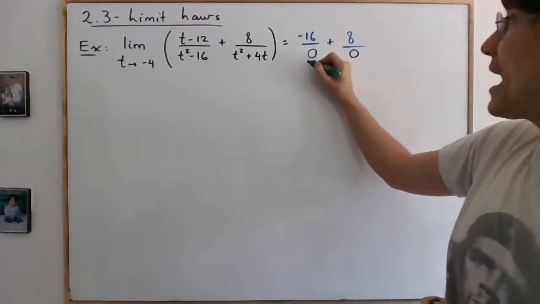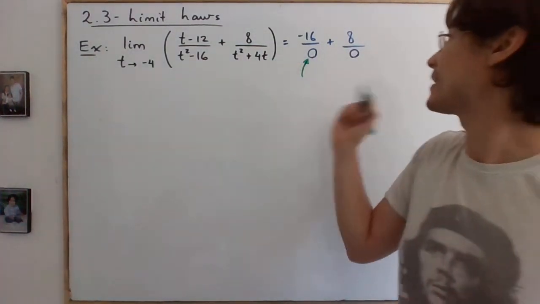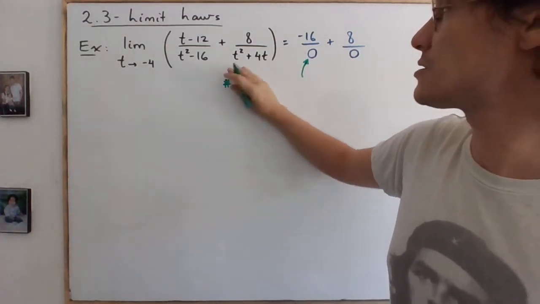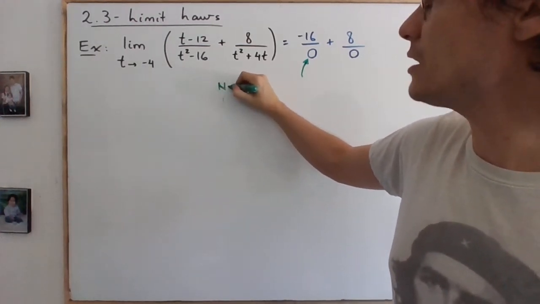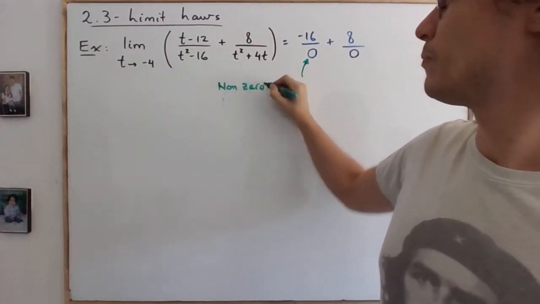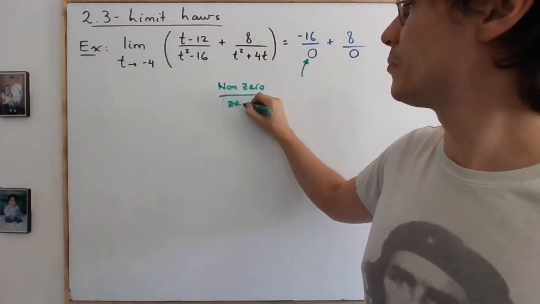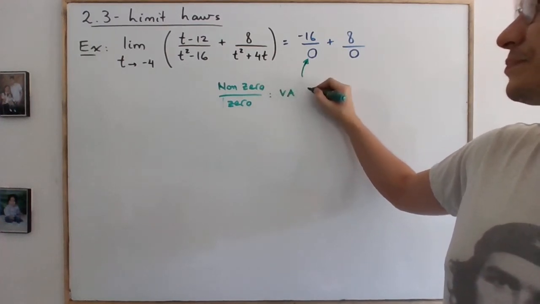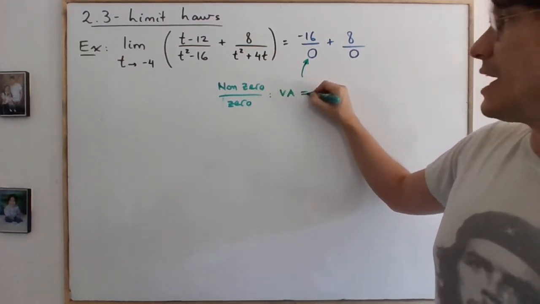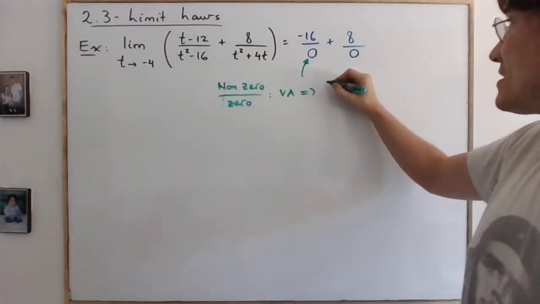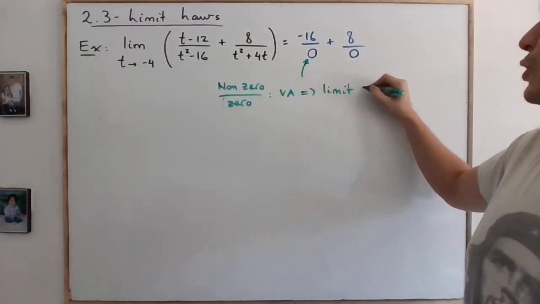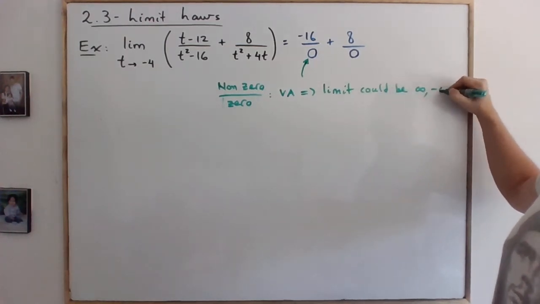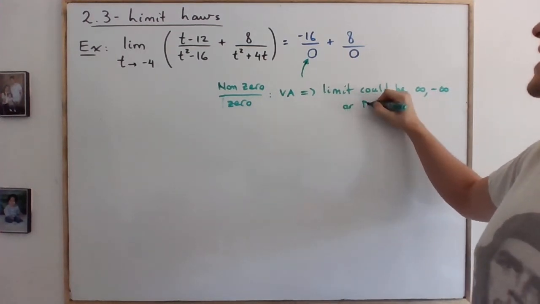So let's recap that by writing: non-zero over 0 means that you have a vertical asymptote. And if you have a vertical asymptote, it means that a limit could be infinity, negative infinity, or DNE.